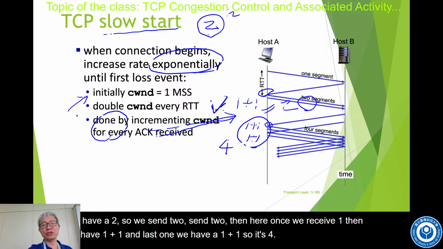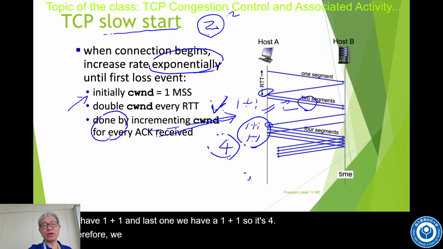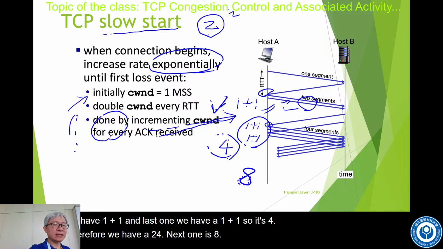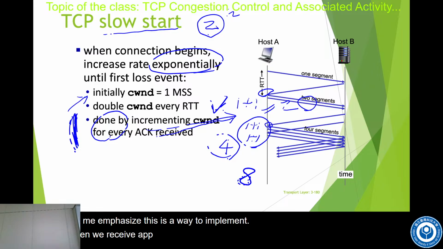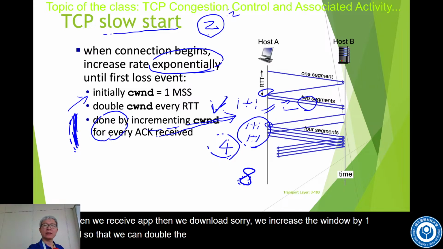Therefore we have 2, 4, and the next one is 8. Let me emphasize, this is a way to implement. When we receive an ACK, we increase the window by 1, so that we can double the window this way.